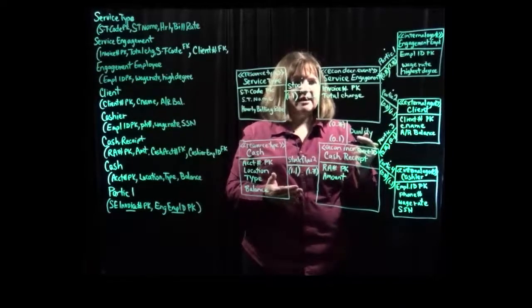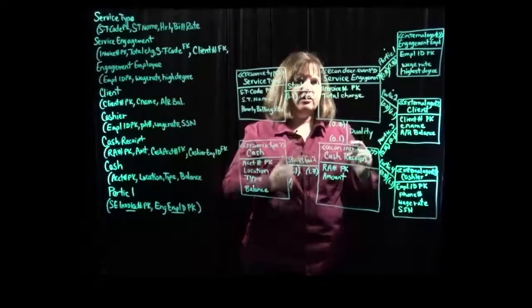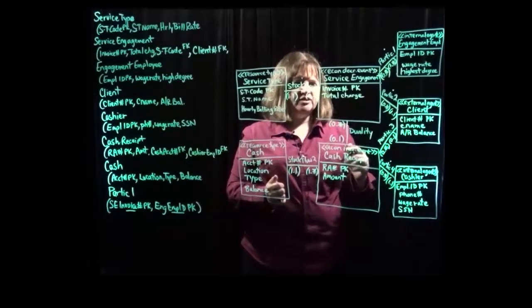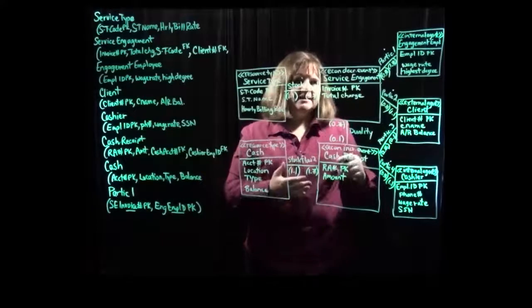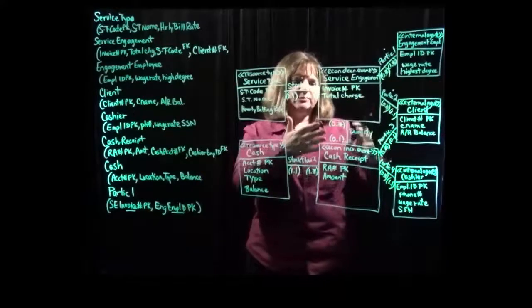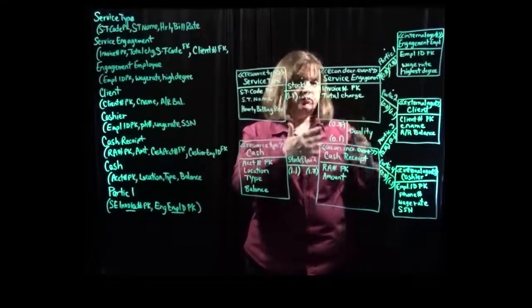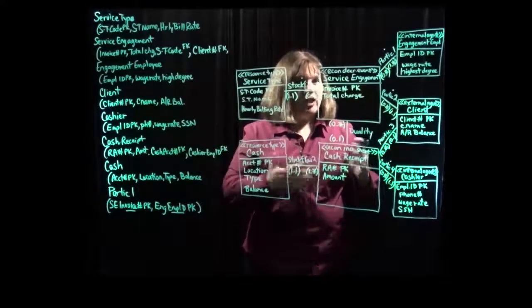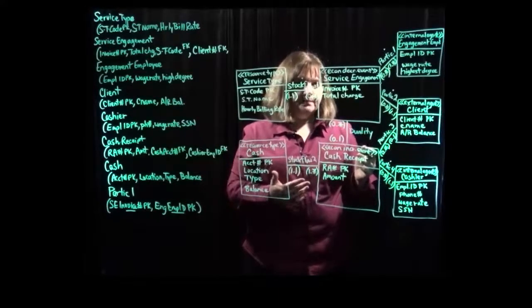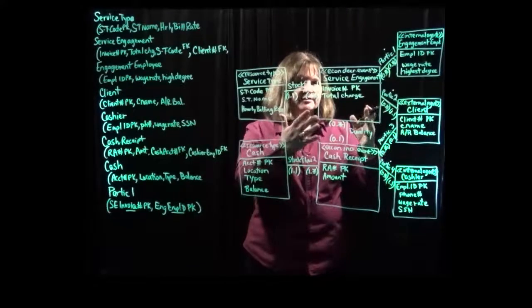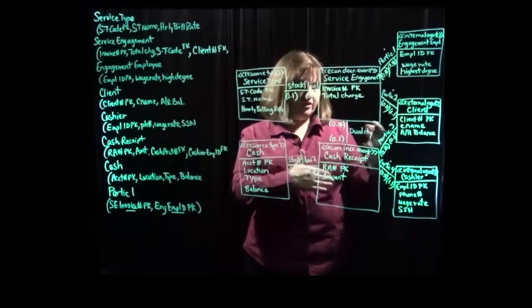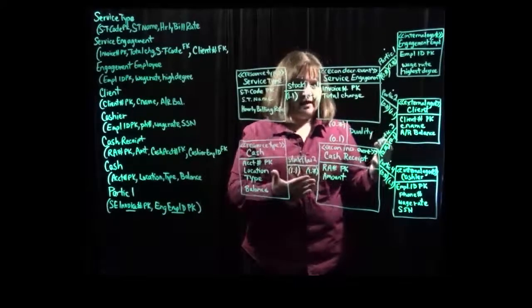And in the narrative, it tells us that almost all of the service engagements will be paid for. Think about it. If most of the service engagements were not going to get paid for, we're not going to be in business very long, right? Because the service engagements that don't get paid for are either not due yet or they're a bad debt.